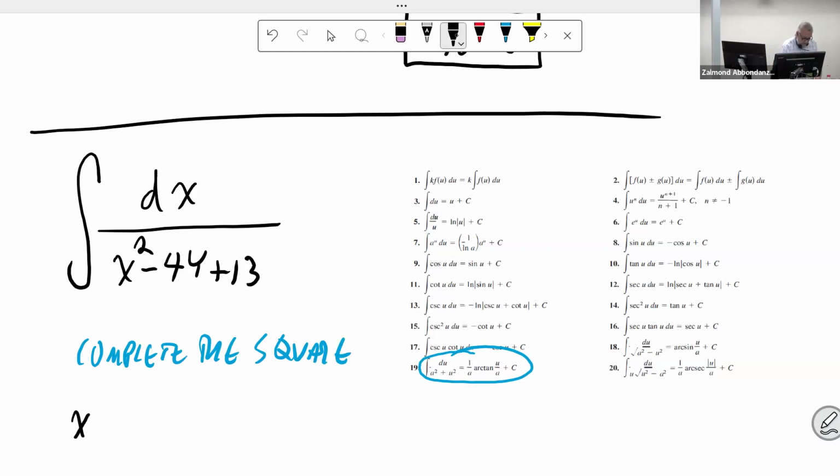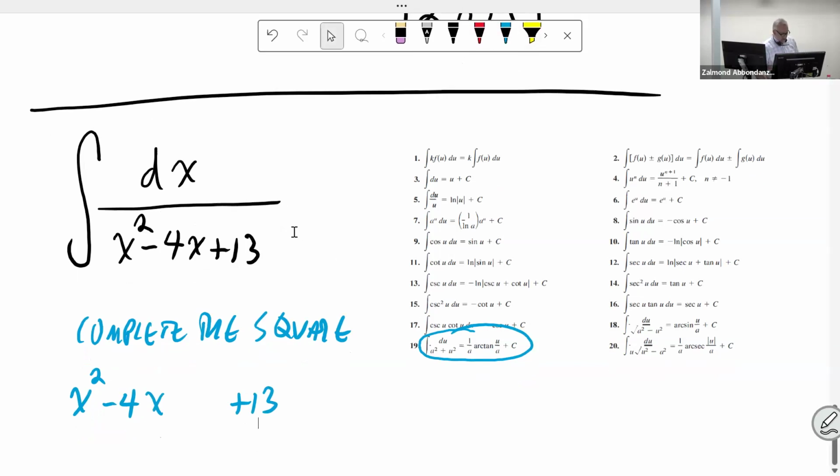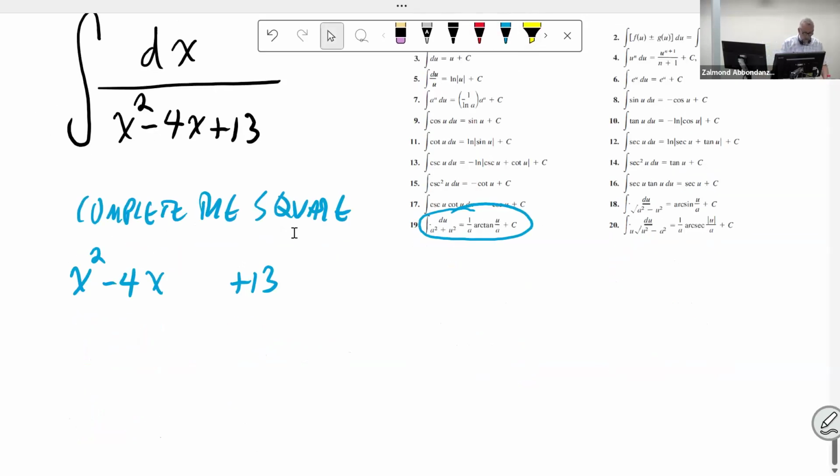So we have x squared minus 4x. I'm leaving a space there because that's where I'm going to add the number that's going to give us a perfect square trinomial.